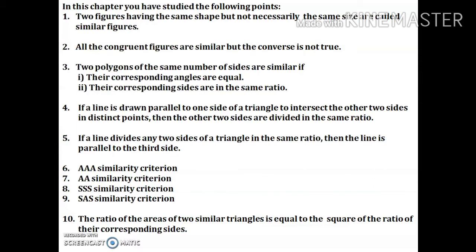One is the converse of Pythagoras theorem and the other one is area of similar triangles. Students, I am making you remember that only the proof is deleted. I am telling you again that the proof is deleted, but the problems related to both the theorems are still present in our portions.